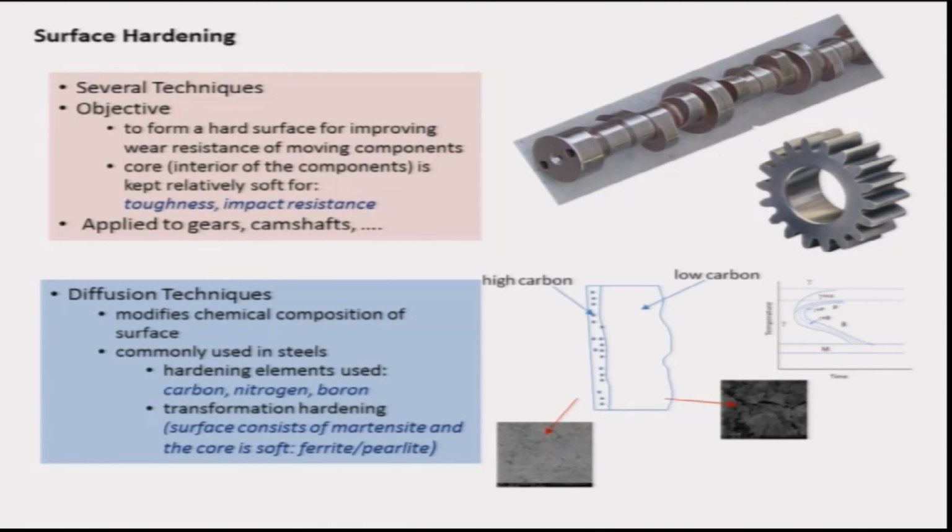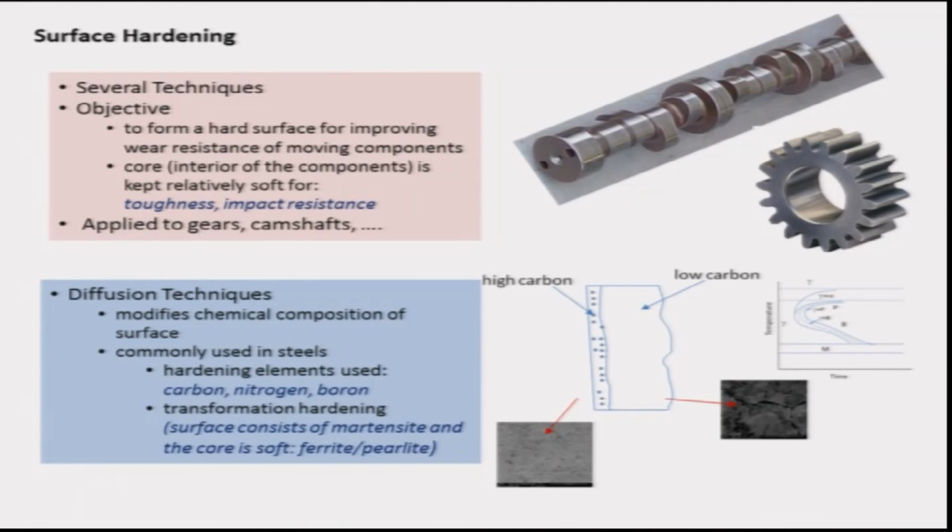Now, what I will do is I will take up a specific case of surface hardening in a steel, where we will look at a problem and see how we can estimate how much time, at what temperature we should subject this component so that we get a certain thickness of the hardened layer.